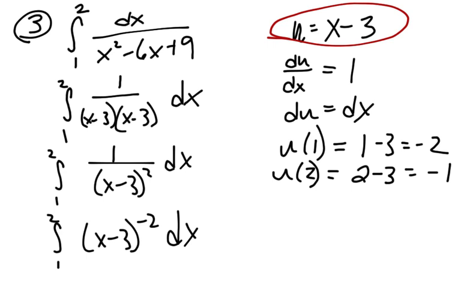So now we're ready to rewrite our integral as the integral from lower limit of negative 2, upper limit of negative 1, of u to the negative 2 power times du. Now we do need to reverse our limits of integration and put a, oh no we don't. Negative 2 is smaller than negative 1 and it's already on the bottom, so we don't have to reverse them this time. So we are actually ready to go ahead and integrate, which I will do on the next slide.